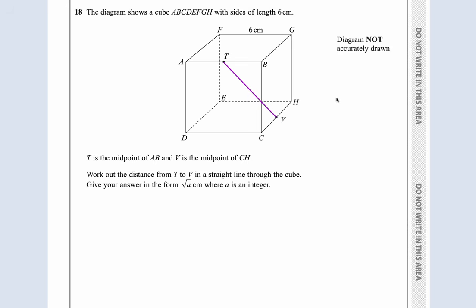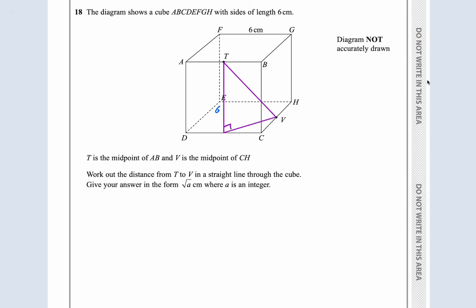Now one thing I like to do straight away is to try to make some triangles here. So if I bring this down there and this over here. Now this is a right angled triangle. This is a right angle, guys, if you can visualize it in 3 dimensions. And this length here is 6.